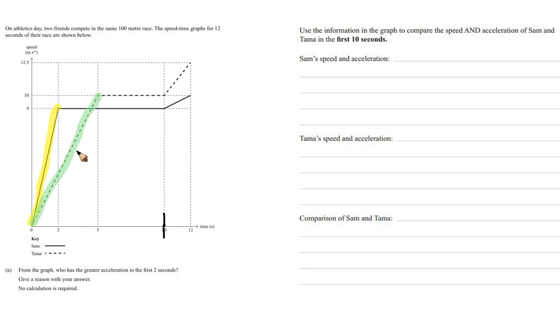So Sam reaches a top speed here of 9 meters per second. So his top speed, or velocity, is 9 meters per second. Now let's talk about the acceleration, what's happening during the slope up bit here.